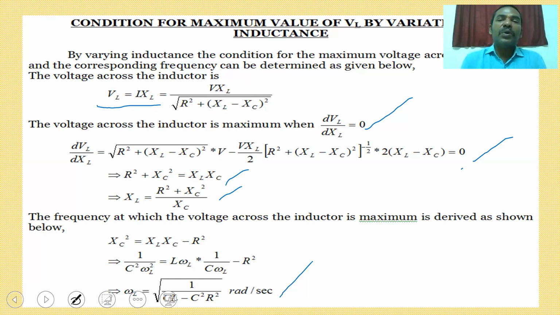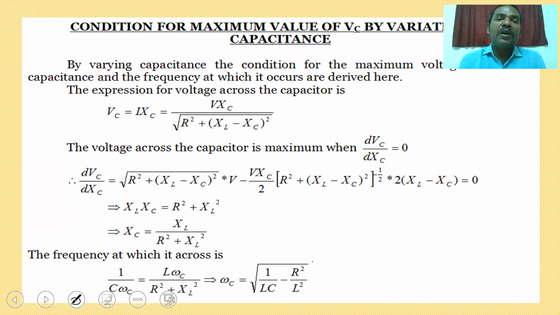Then coming to the condition for the maximum value of VC by variation of XC. VC is equal to I into XC, where I is V divided by root of R square plus (XL minus XC) whole square, into XC. Now for the maximum condition, we differentiate with respect to the variable XC and set it to 0.